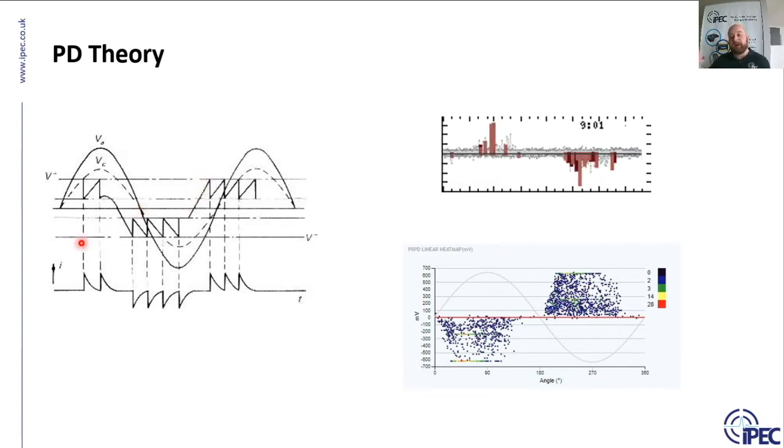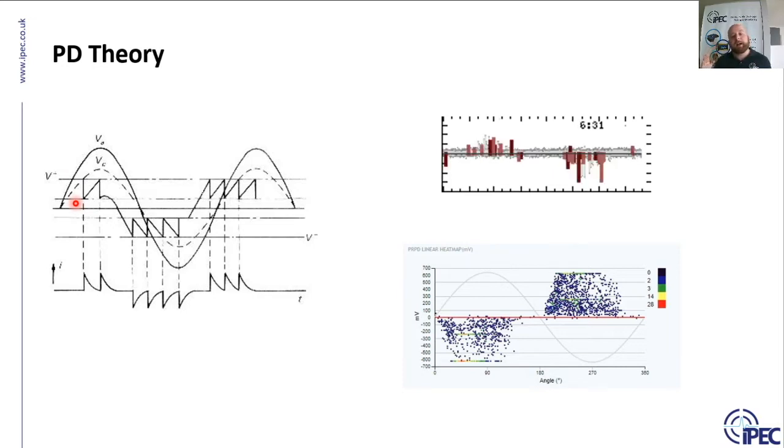As the energy in the power cycle is increasing, the stress across that defect is also increasing until eventually it reaches that breakdown point, and then it indeed breaks down.